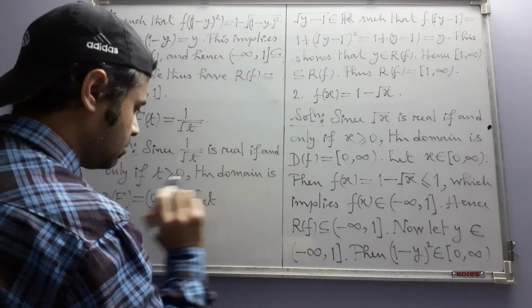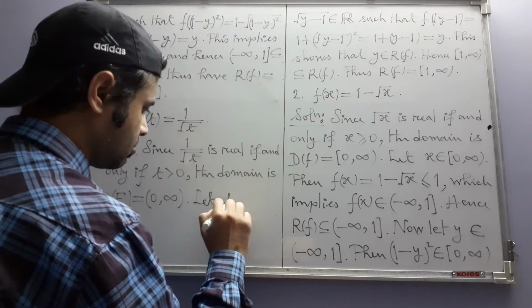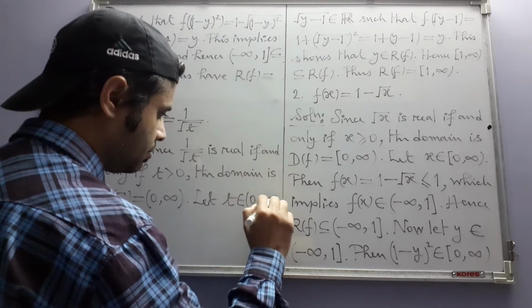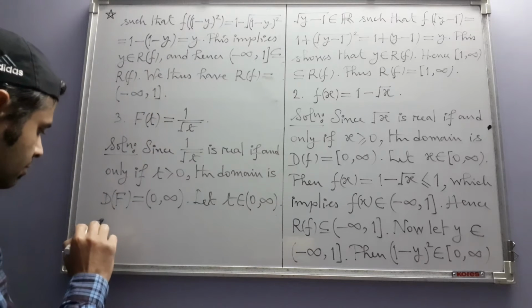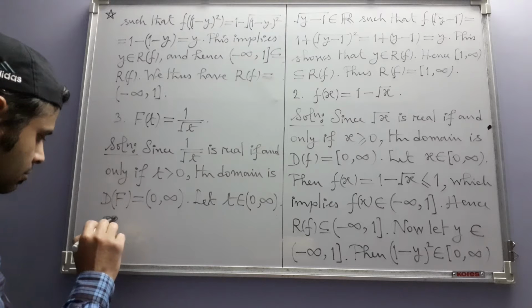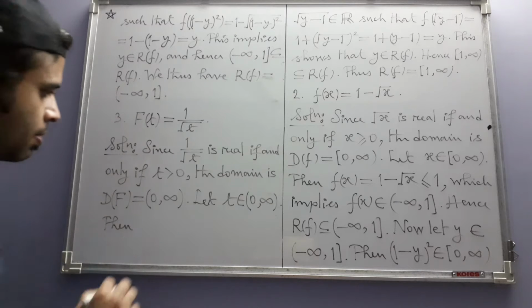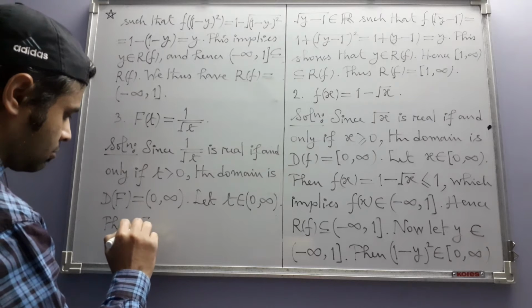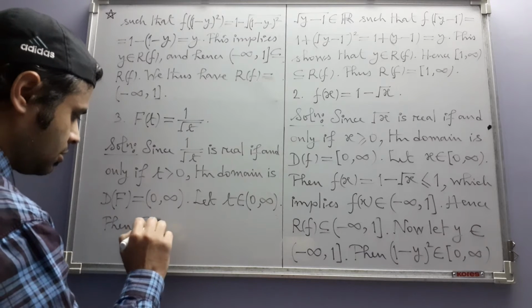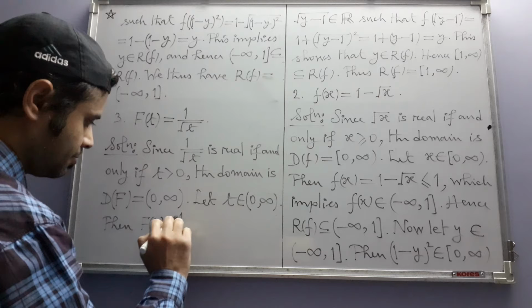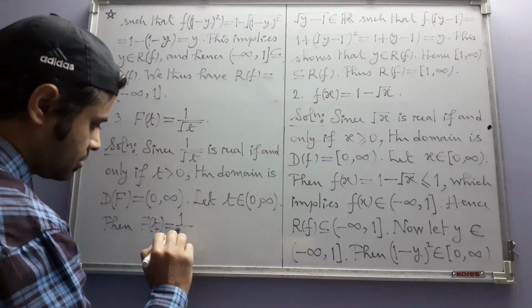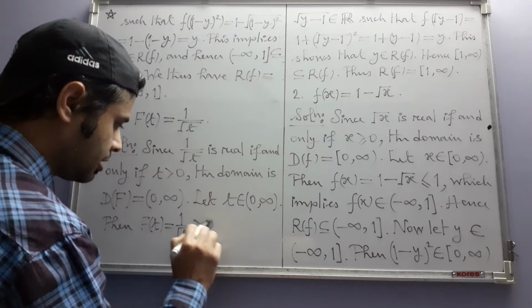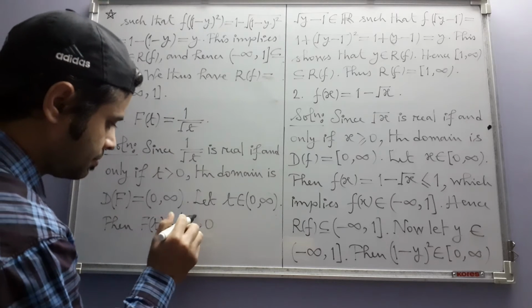Okay, now next let t be any element in the domain, then f of t, which is 1 over square root of t, is also greater than 0.